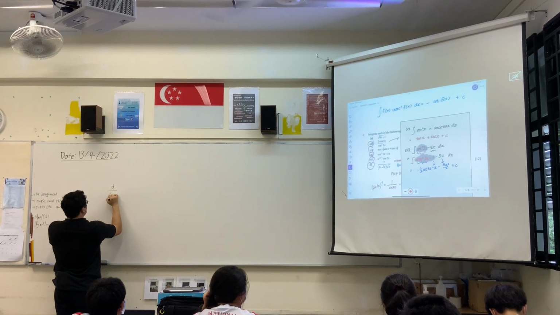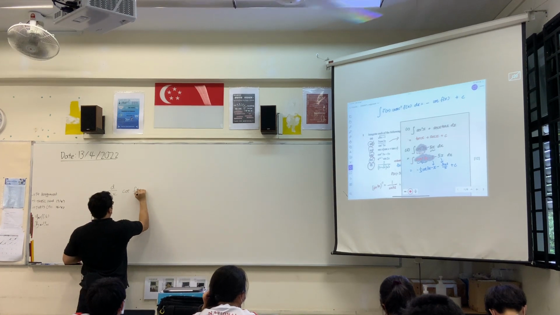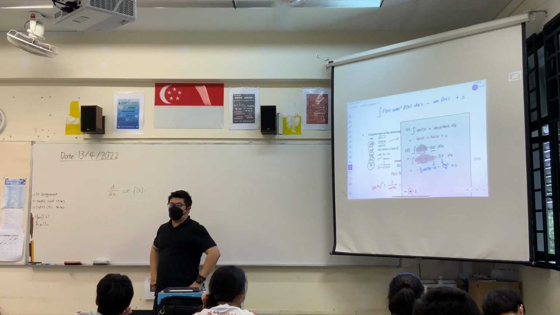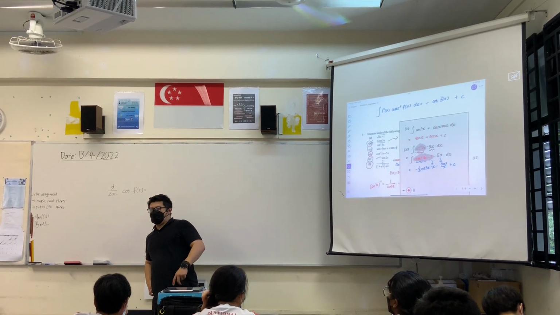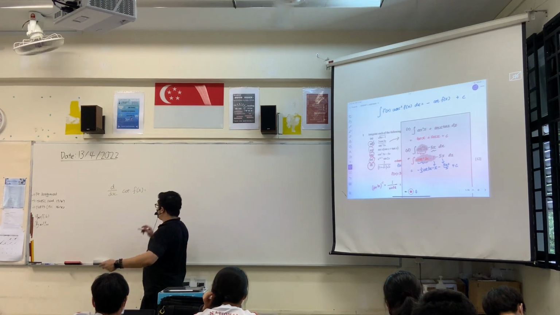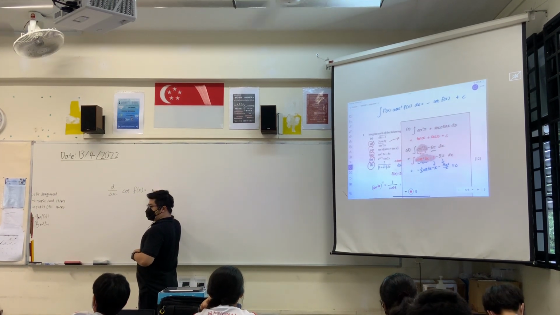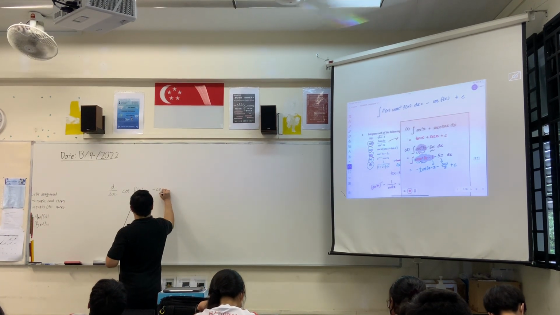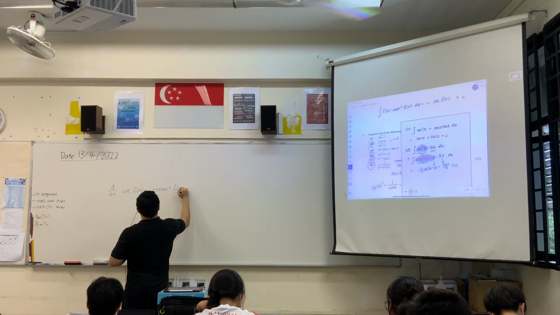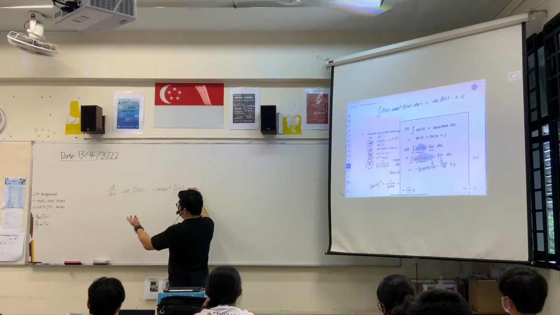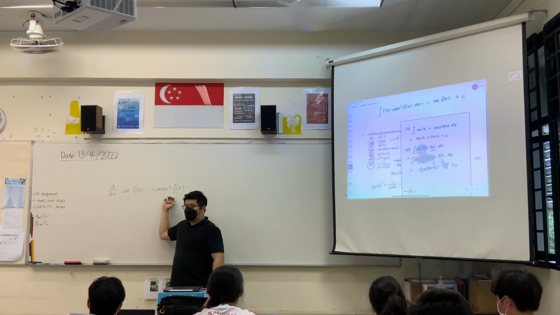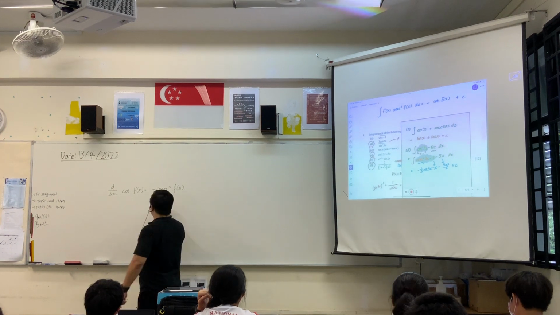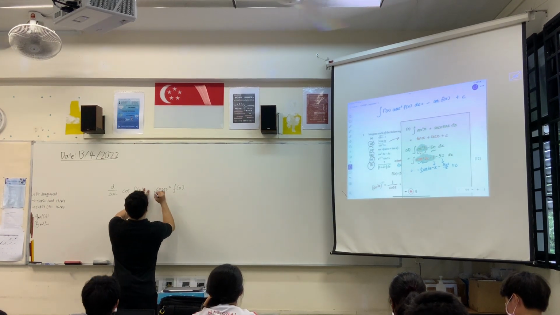When I differentiate cotangent fx, what do I get? Negative cosecant square fx. So if I integrate this one, then when you integrate the inside, there's also an f prime, right?